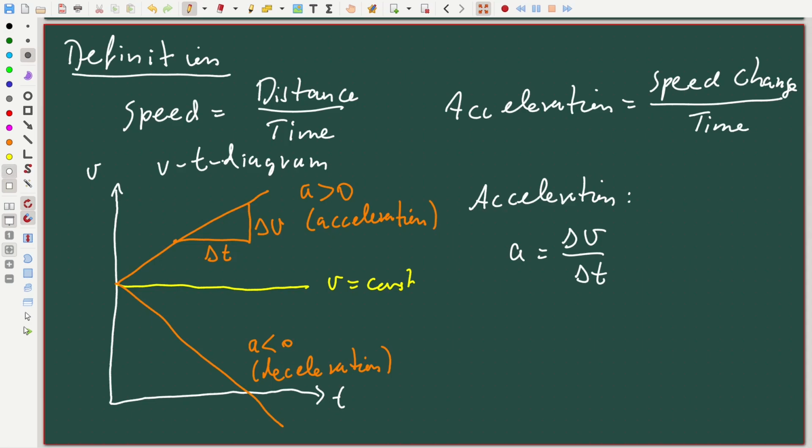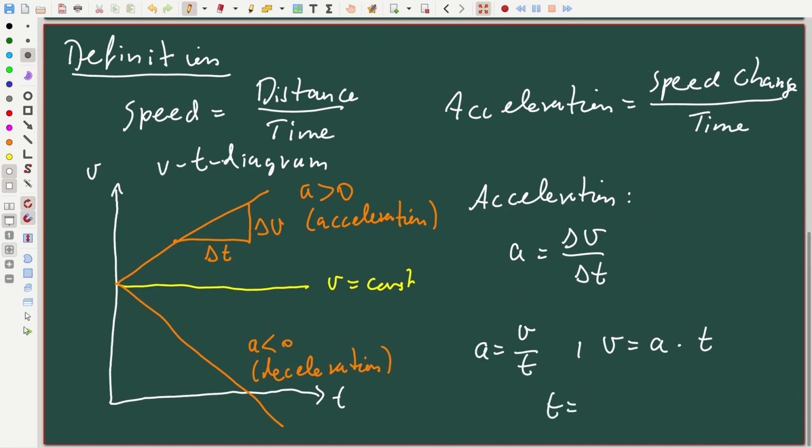Another important thing which I would like to highlight here is that when we use this formula and start at t equal to 0, then our acceleration is simply v over t. And then we can solve this also for v, which leads to v equals a times t. So this is just another way to write it.